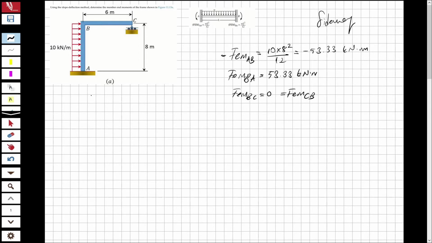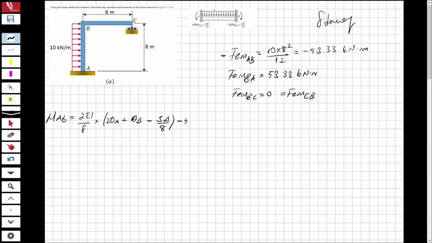Okay, so now let's write the moment equations. Moment AB is 2EI over 8 times 2 theta A plus theta B minus 3 delta over L, but L is 8, because the deflection happens in the fixed column.